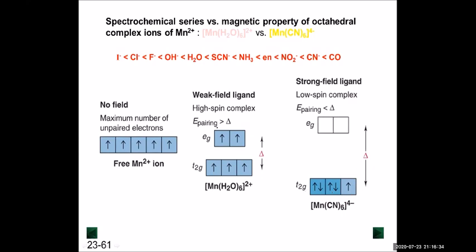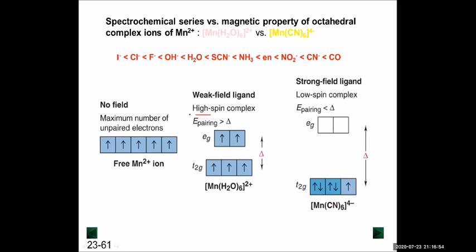We have bigger gaps and small gaps. The difference is the pairing energy, the repulsion between electrons sharing the same orbital. It is basically a constant. The pairing energy is the same, but delta depends on the ligands. With the weak field ligand, delta is small.